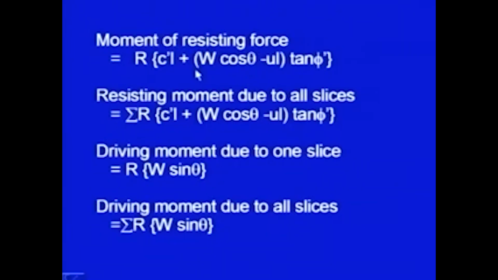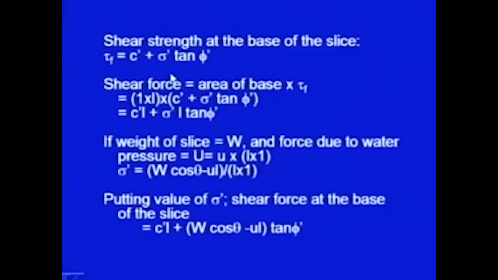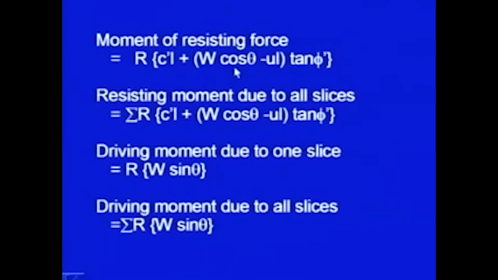Now, moment will be equal to the force acting over here into this radial distance r. So, the resisting moment because of this force will be r into c dash L plus W cos theta minus U, into tan of phi dash.